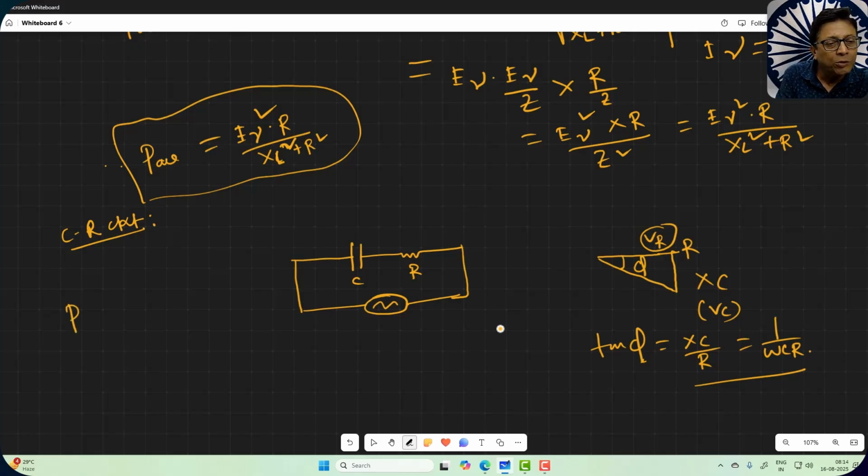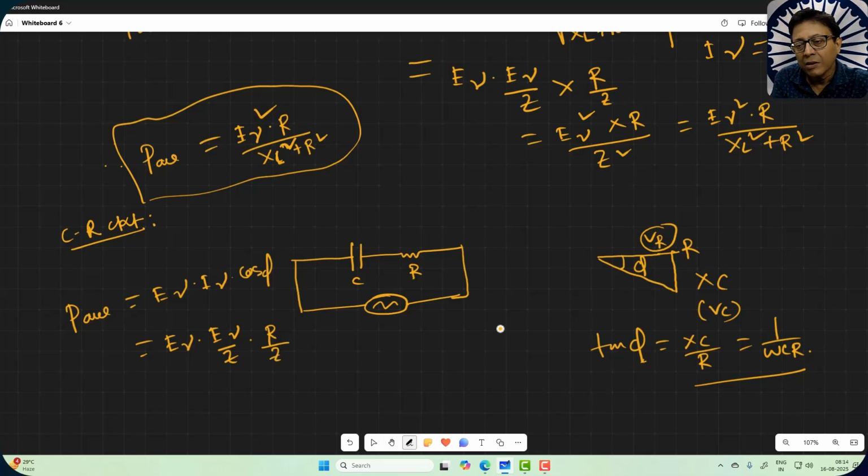So the P average formula we apply here also. P average will be E nu I nu cos phi. This is E nu by Z, and the value of cos phi is R by Z, because here the hypotenuse Z is equal to root of XC square plus R square, so there it will be E nu square R by Z square.